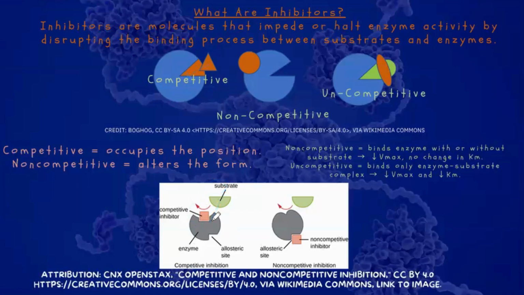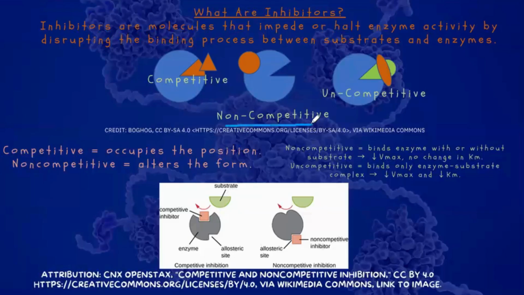So it occupies that position, and you need or want more substrate to be able to compete with that competitive inhibitor, essentially. So that is what a competitive inhibitor is in terms of enzymes.